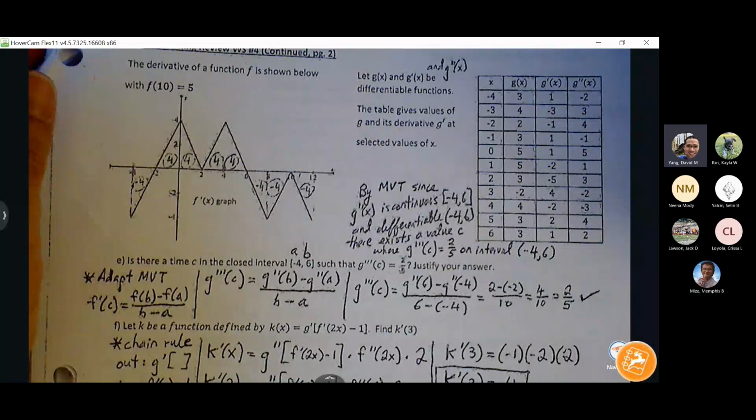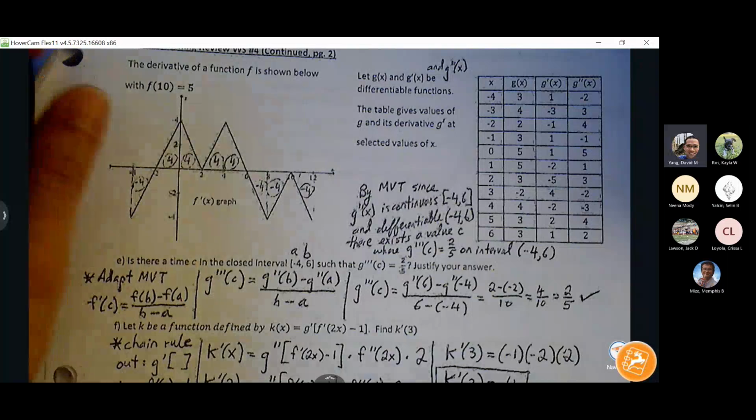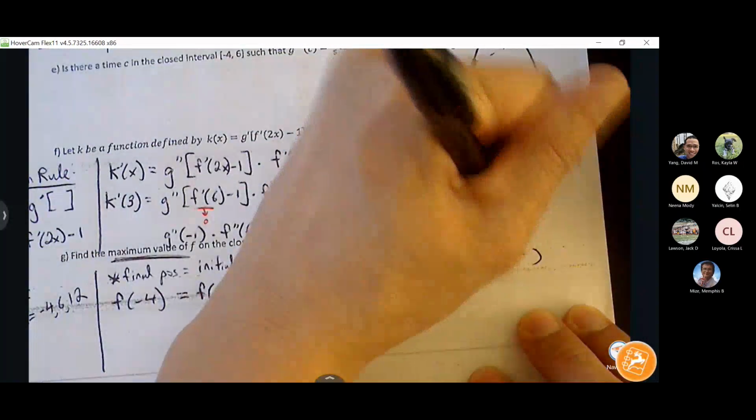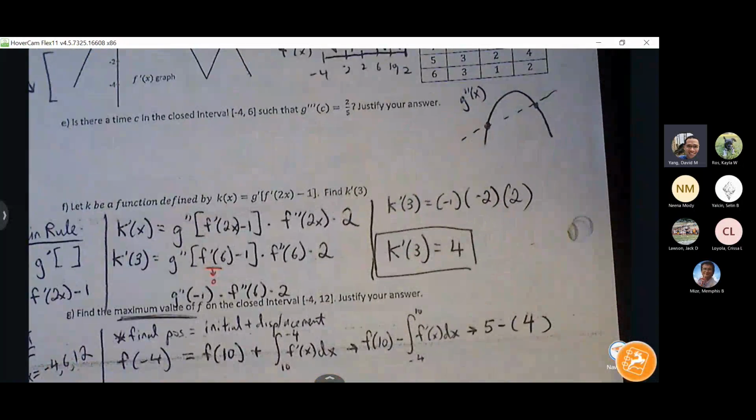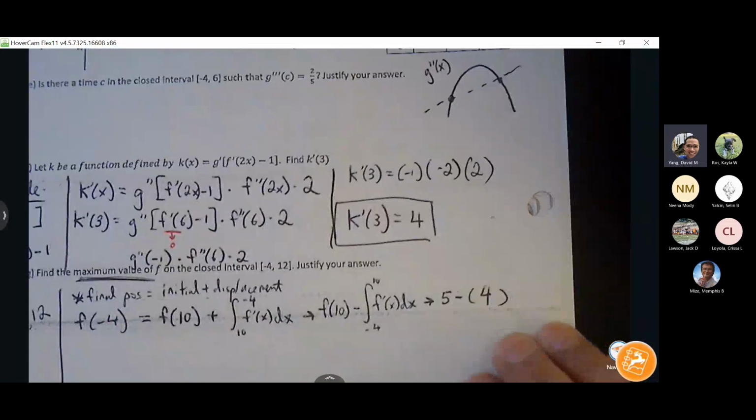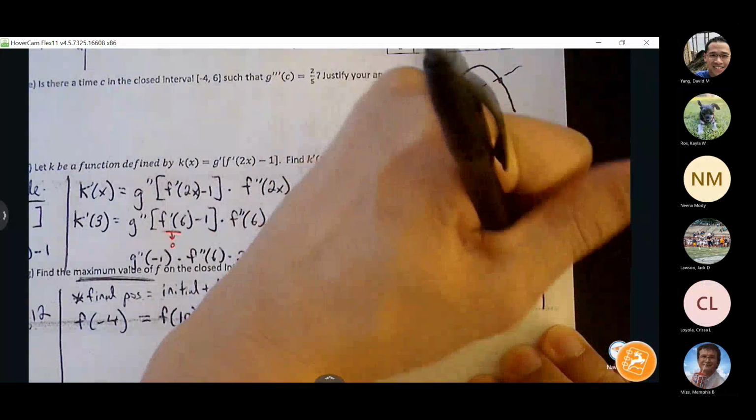Yeah, it should be 4. Okay, so 4 ends up being the resulting value here, because I have -4 plus 8, which is 4, plus 8 is 12, 12 minus 8 is 4. Okay, so 5 minus 4 equals 1.